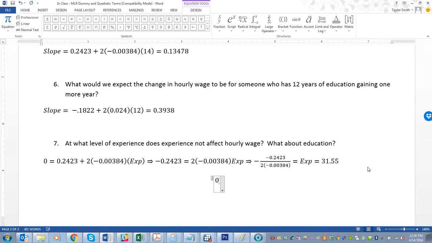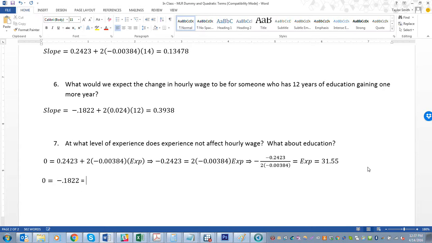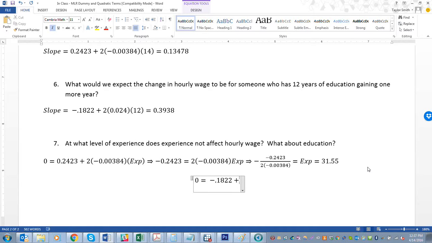So we're going to set this one equal to 0, so 0 is equal to negative 0.1822 plus 2 times 0.024 times our level of education. Okay, so we want to solve for that level of education.